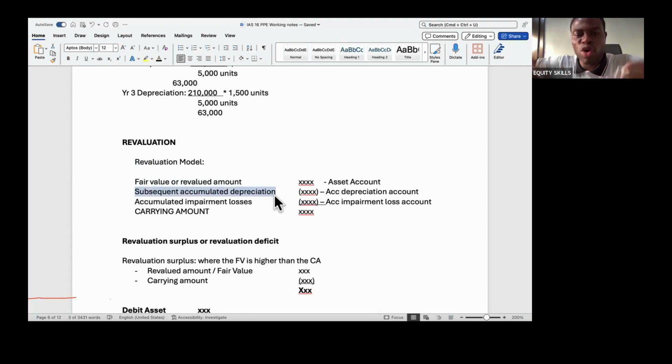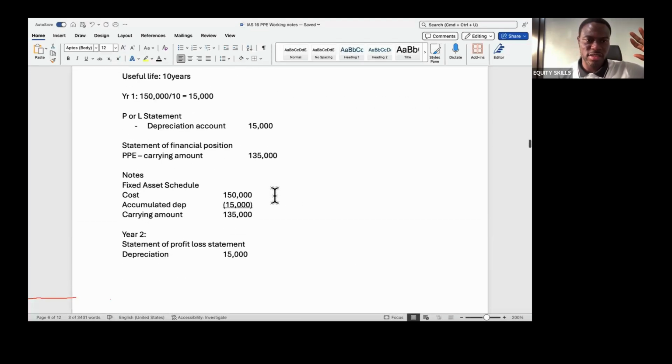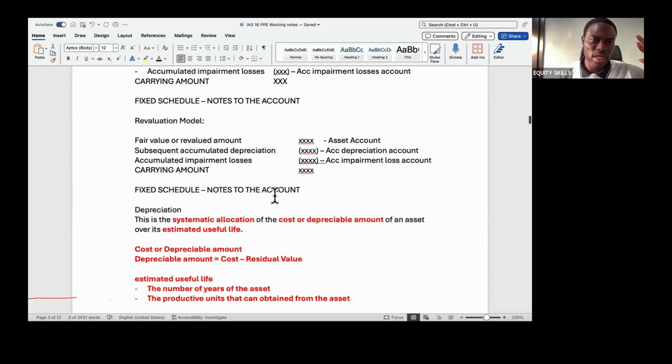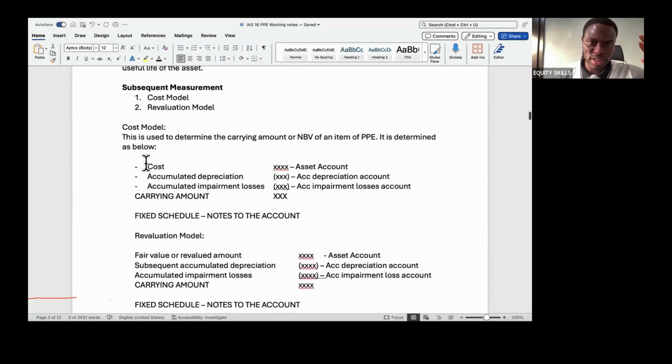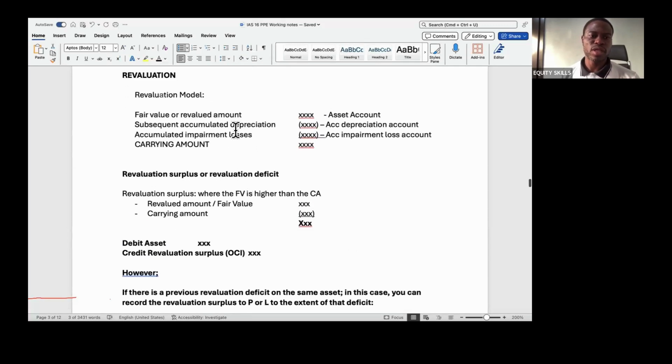That's why they say subsequent. So, which means that all the prior depreciation will have been cancelled out. You will see under the cost model, we didn't have anything like that. There was nothing like subsequent accumulated depreciation. It was just cost minus accumulated depreciation straight on. Unlike the fair value revaluation model, it is fair value minus subsequent accumulated depreciation.